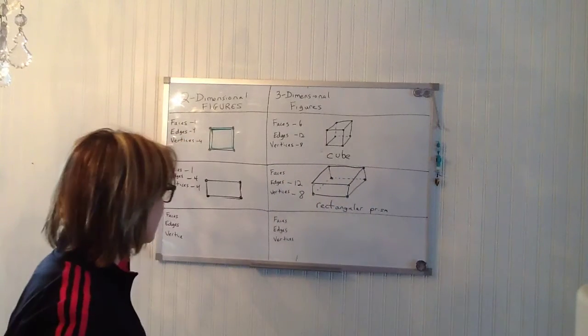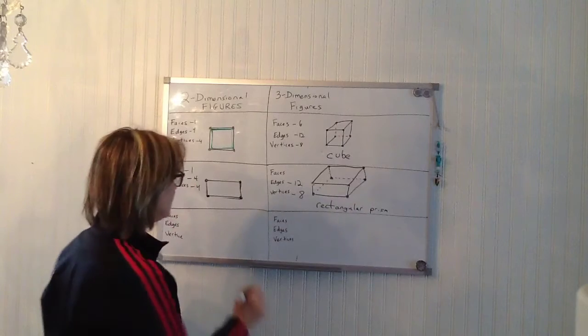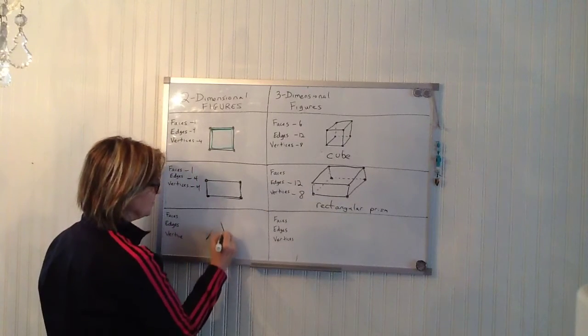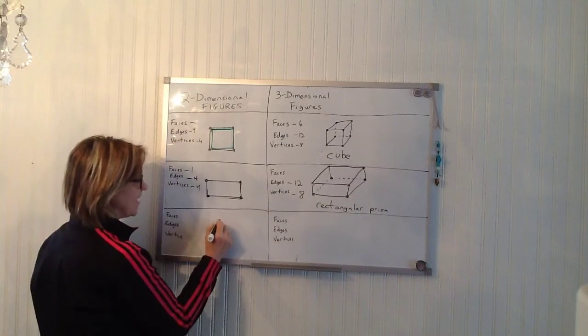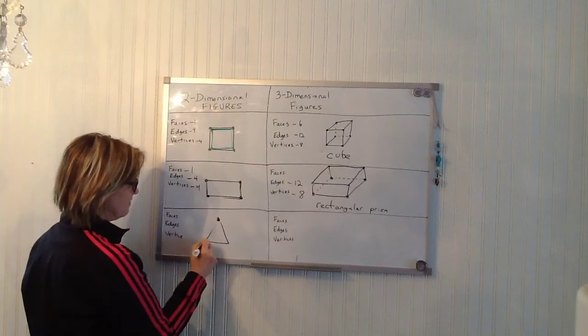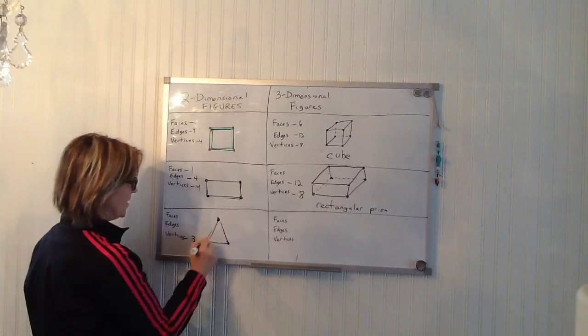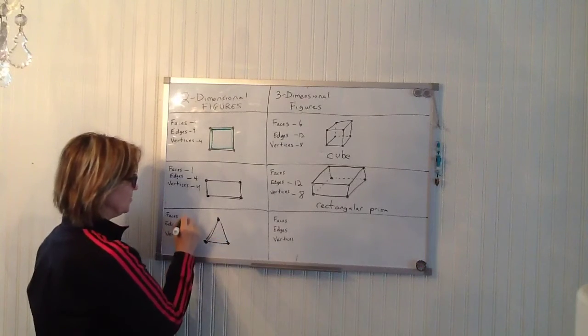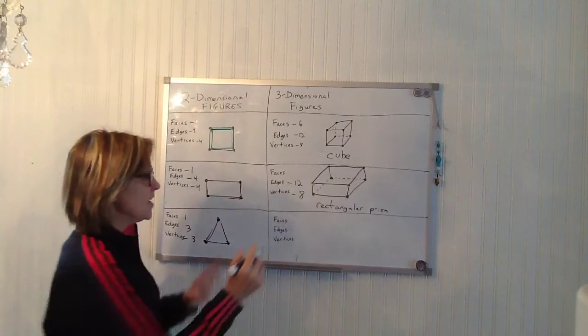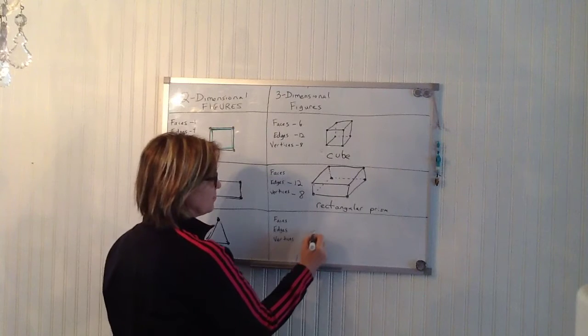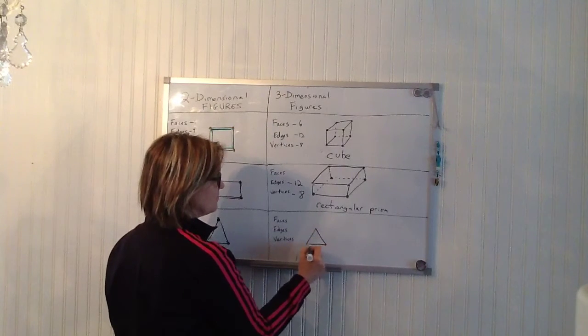All right, then the next one I wanted to show you is a triangular prism. We can see it's got 3 vertices, 3 edges, and it's 2D, so it's just one face. I am going to turn this into a 3-dimensional figure.